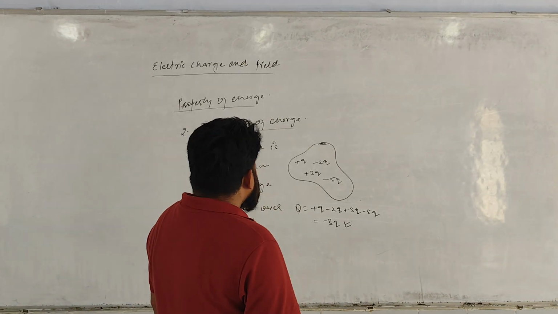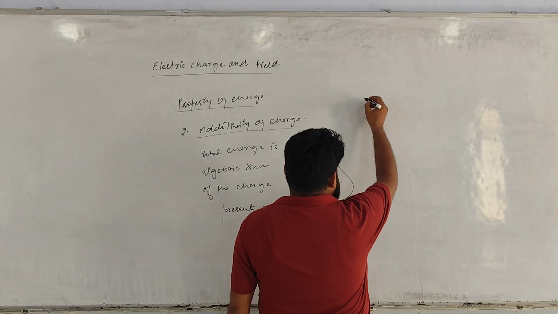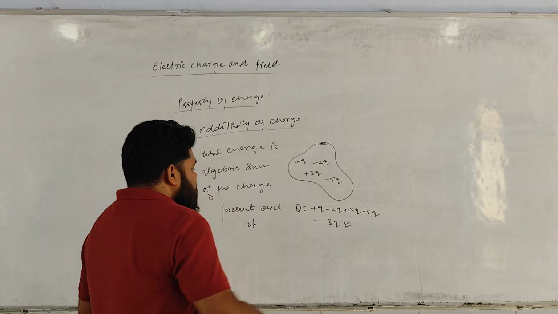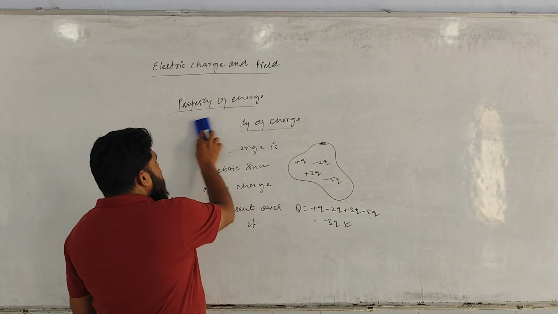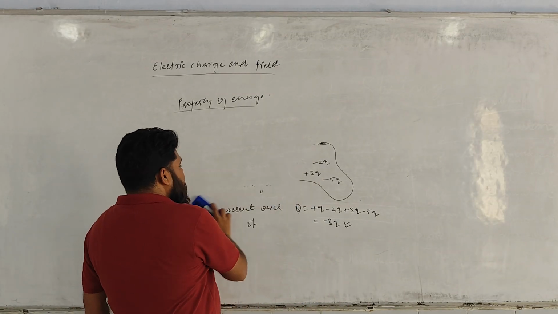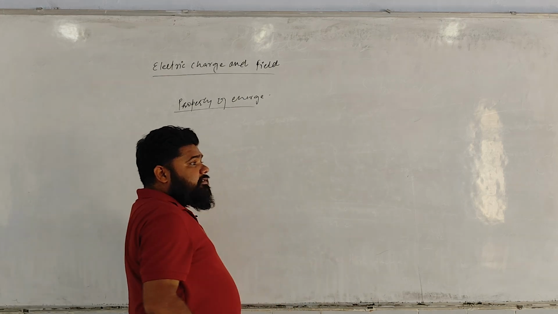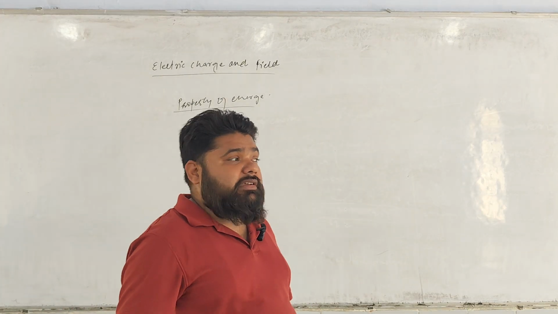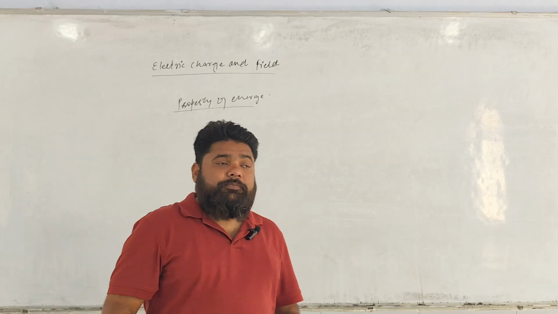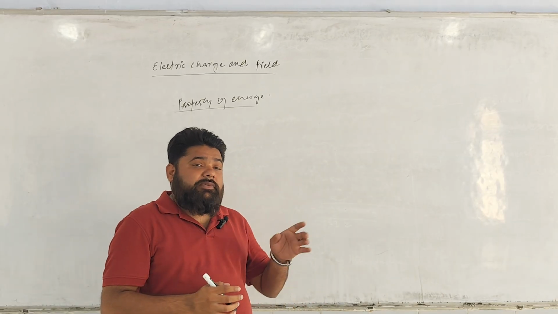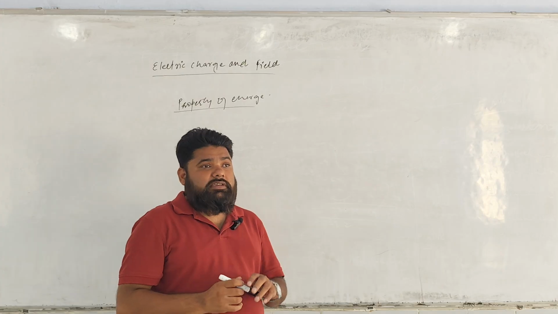Now the third one, that is the conservation of charge. What is conservation of charge? So when we define the conservation of charge, first of all, to define this property, the system must be isolated. That is, the system should not be connected to any other system through any wire.